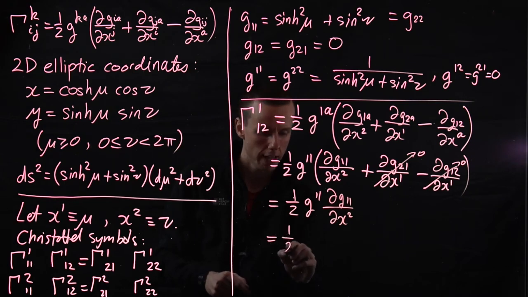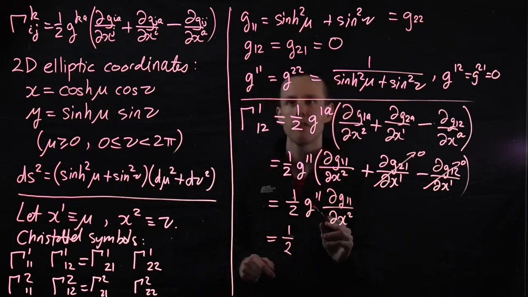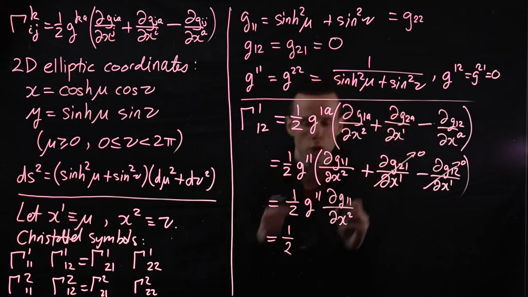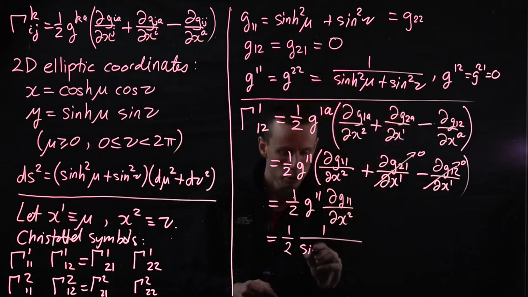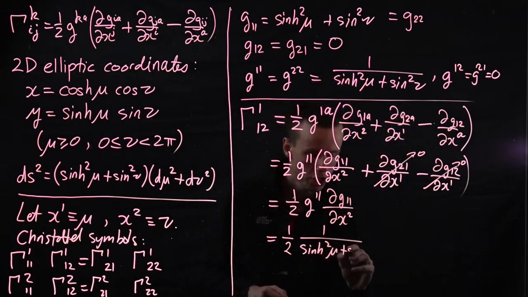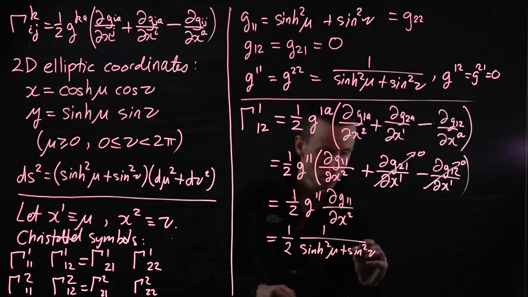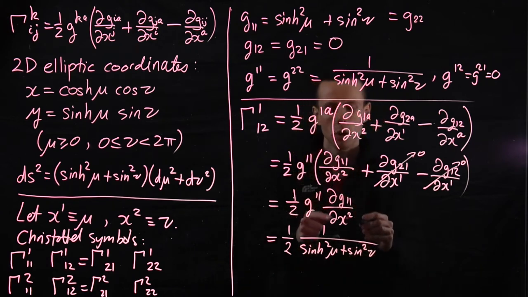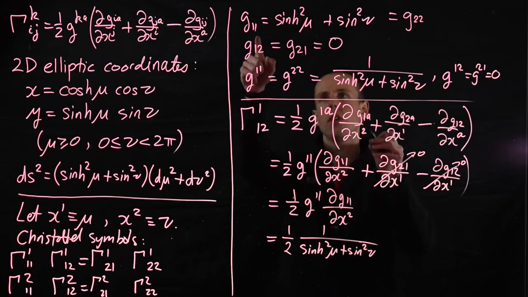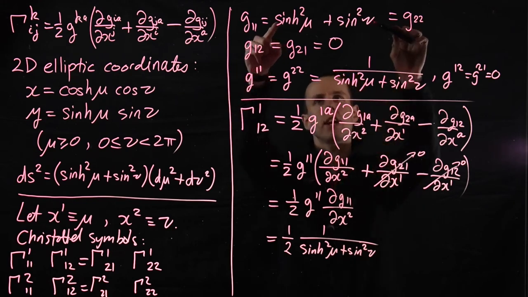So we just have a half g11 dg11 by dx2. Okay, and now we can finally actually put in what that is. So we have a half g11 is 1 over sine squared mu plus sine squared nu, and then dg11 by dx2, that means differentiate this thing with respect to nu.